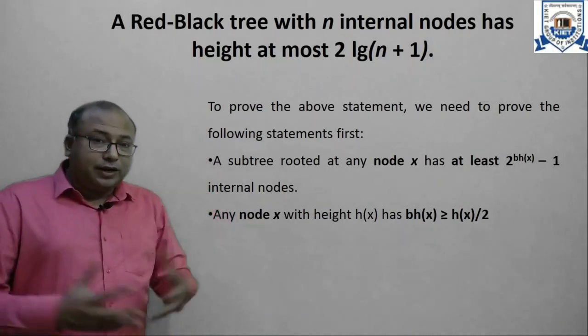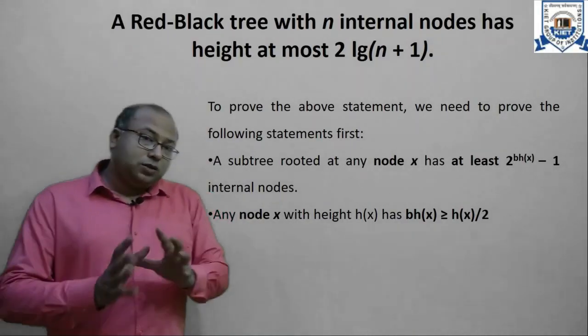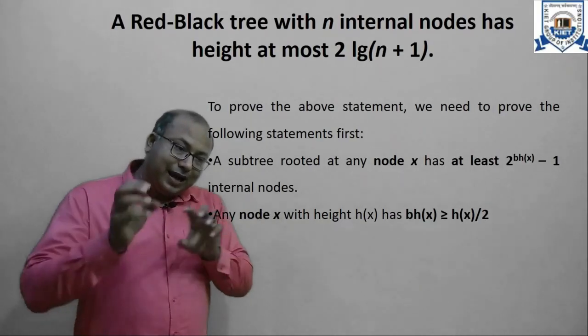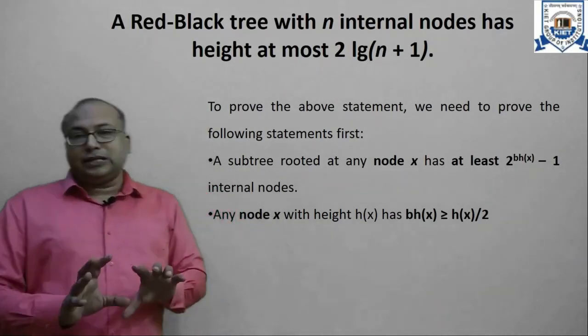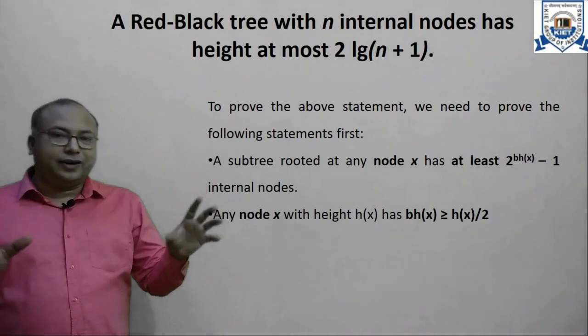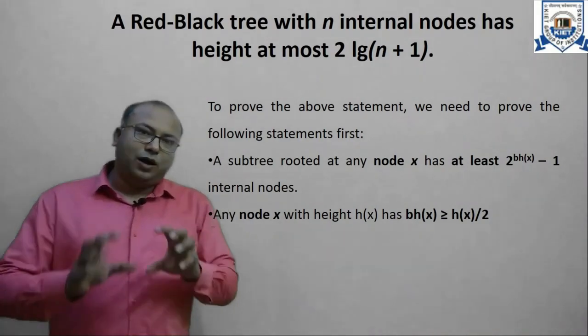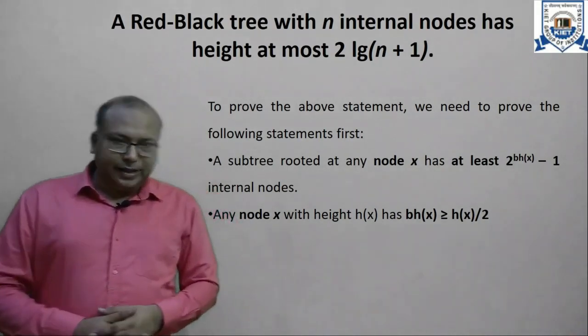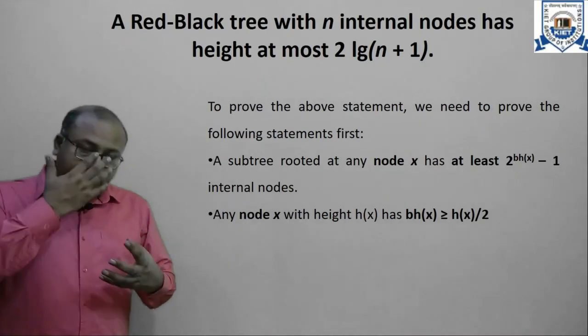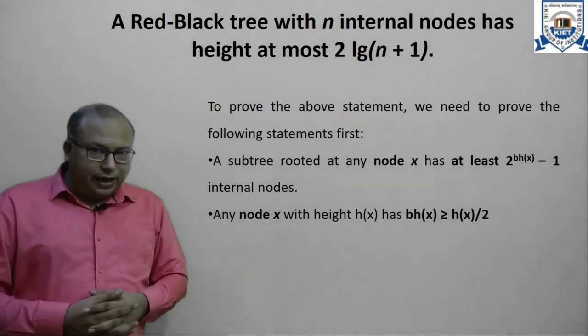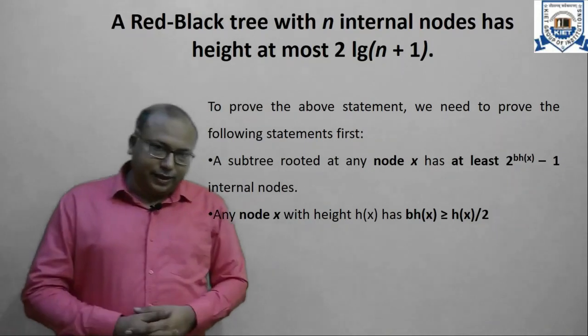What does internal node mean? Because we are inserting leaf nil externally in our tree, these leaf nils are not considered internal nodes. All leaf nils are considered external nodes. All those nodes which have data in them are considered internal nodes.